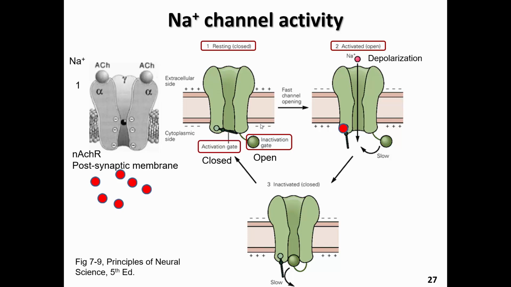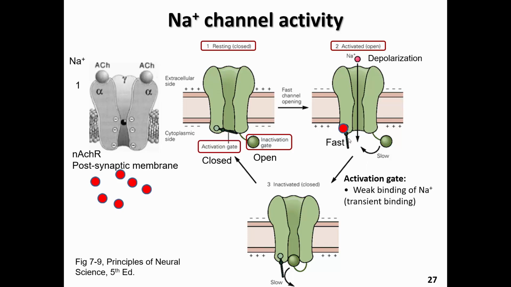When it depolarizes, it becomes positive on the inside with respect to the outside, which is more negative. And this process is very, very fast, on the order of milliseconds, 1 or 2 milliseconds. And so the massive rush of sodium to the interior of the cell will cause that change.